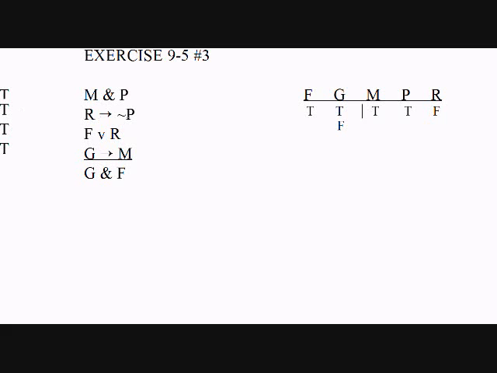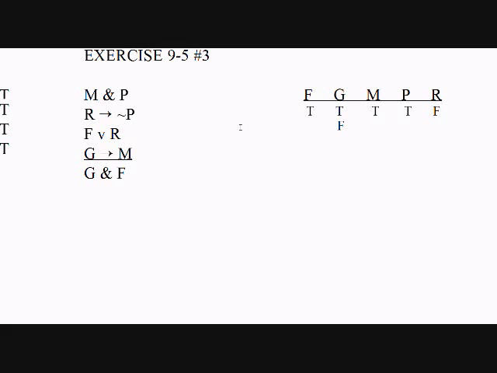To the next claim, F or R: since F is true and R is false, F or R would be true. And then lastly, given that the consequent M is true, it doesn't matter whether or not G is true or false.